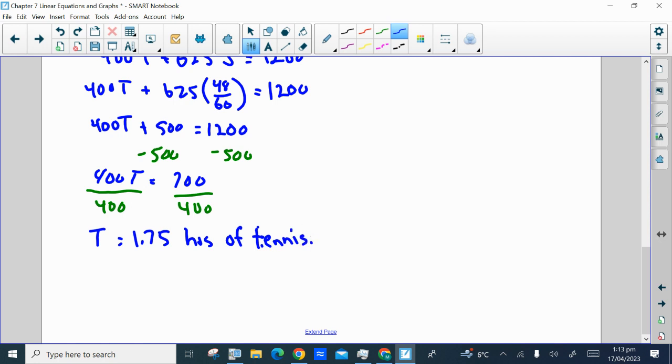He would need to play tennis for 1.75 hours, if he's already jogged 48 minutes, and he wants to burn 1,200 calories. Okay?